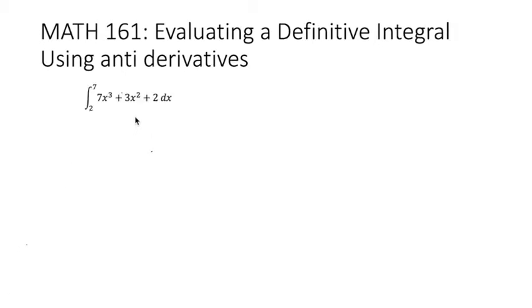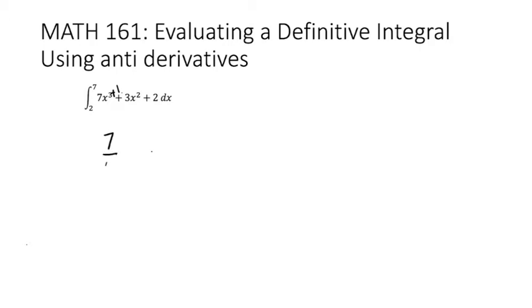For example, the integral of this polynomial, 7x cubed plus 3x squared plus 2, and that's going to be from the bounds of 2 to 7. So first we're going to find the antiderivative of that 7x cubed plus 3x squared plus 2. To find it, you're going to be doing the opposite of what you do when you take the derivative. So with 7x cubed, you're going to add 1 to the exponent and then divide by it.